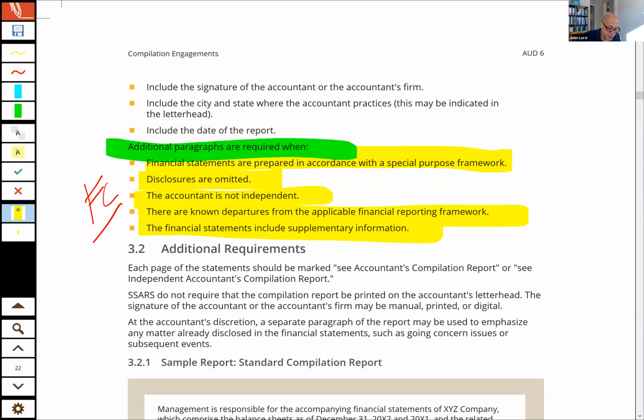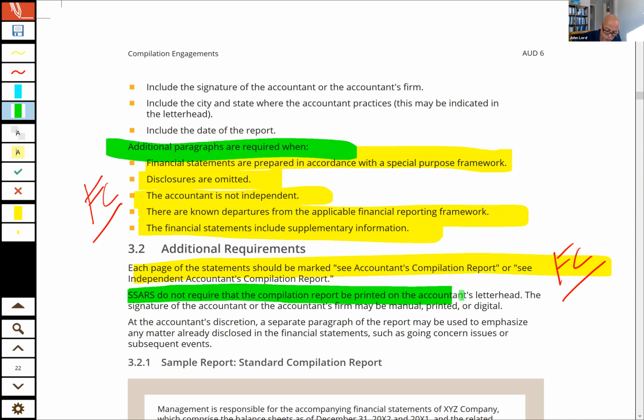Notice that each page of the financial statements still has to say, see the compilation report. Now it doesn't say no assurance given of any kind. It just says see the compilation report, because the compilation report is going to tell you there's no assurance. And you do not have to issue the report on the accountant's letterhead.